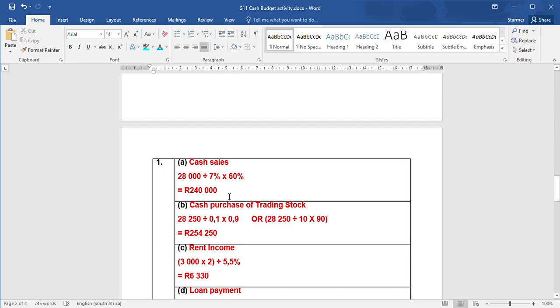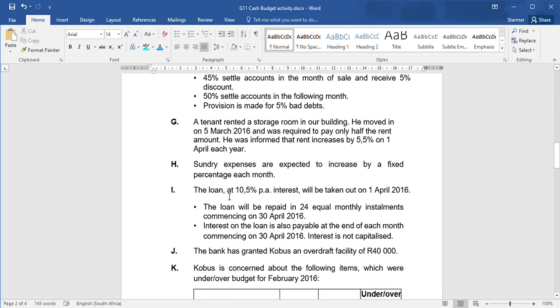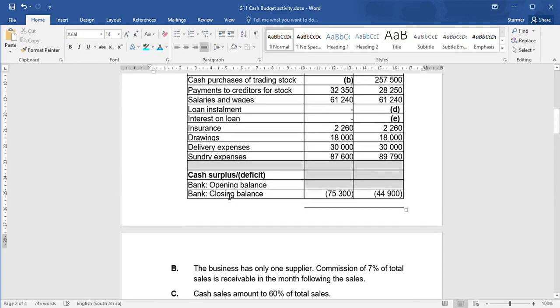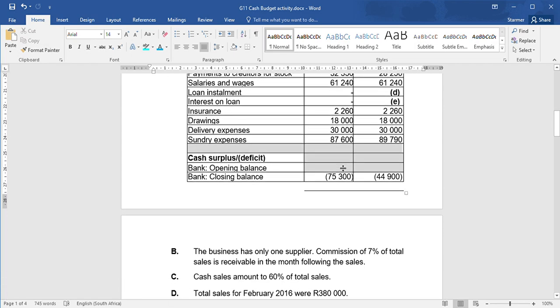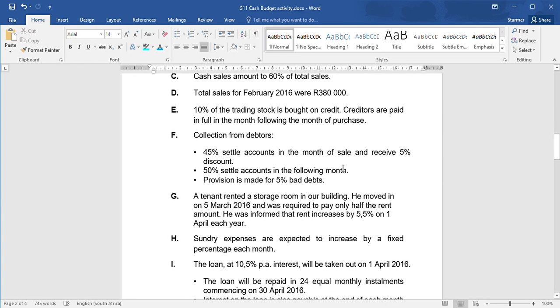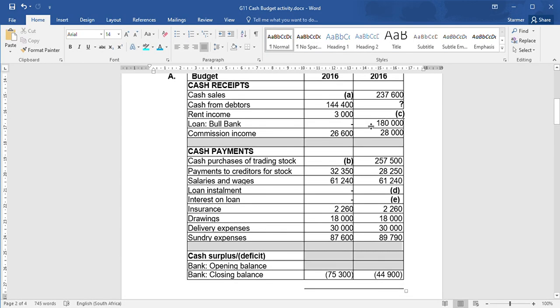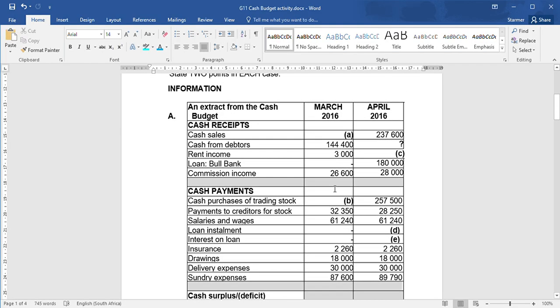B is the cash purchase of trading stock. And if you look at where it fits over here, they tell you in terms of your payments to creditors that 10% of stock is bought on credit. Creditors are paid in full the month following the month of purchase. So in other words, this payment to creditors here of 28,250, that's what you paid back from stuff we bought in the month before, which is obviously March.